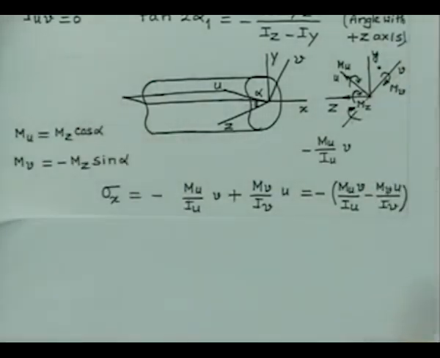So, we will now try to illustrate this derivation by considering some examples. First, we will see the example wherein we are interested in finding out the principal axes of the cross section, then we will apply it to calculate stresses.